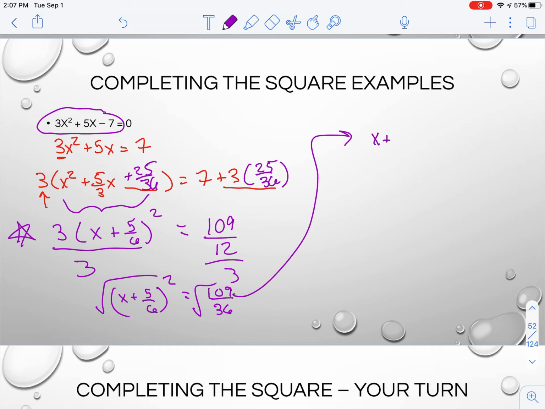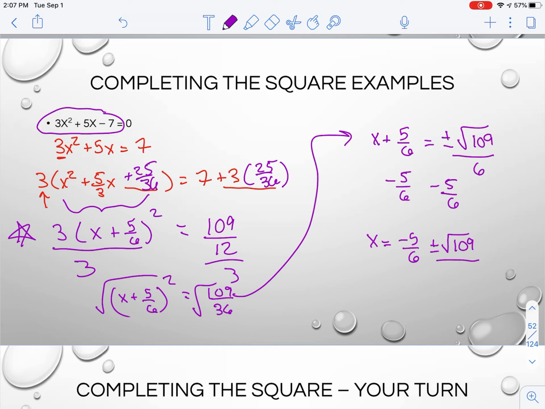We'll do x plus 5/6 equals plus or minus the square root of 109, and the square root of 36 is actually 6, so the denominator cleans up nicely. All right, subtract 5/6 on both sides. X equals negative 5/6 plus or minus the square root of 109 divided by 6.